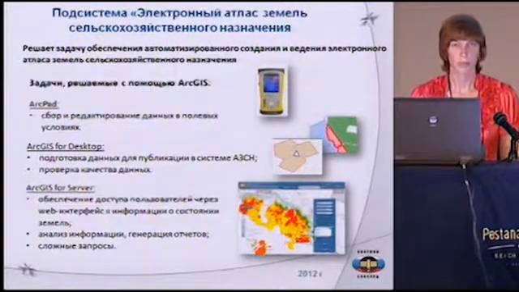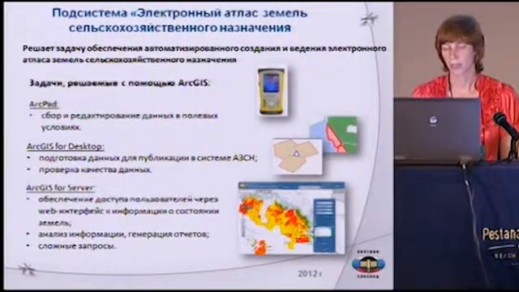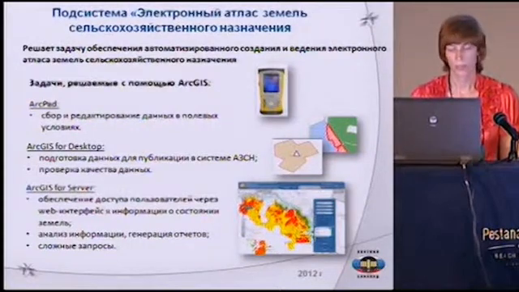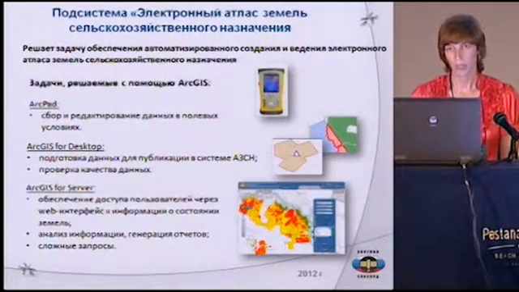Then this data is collected in a centralized fashion and sent for verification to the operator. The operator uses ArcGIS Desktop and a special module developed by our experts, verifies quality, checks for attributive information.